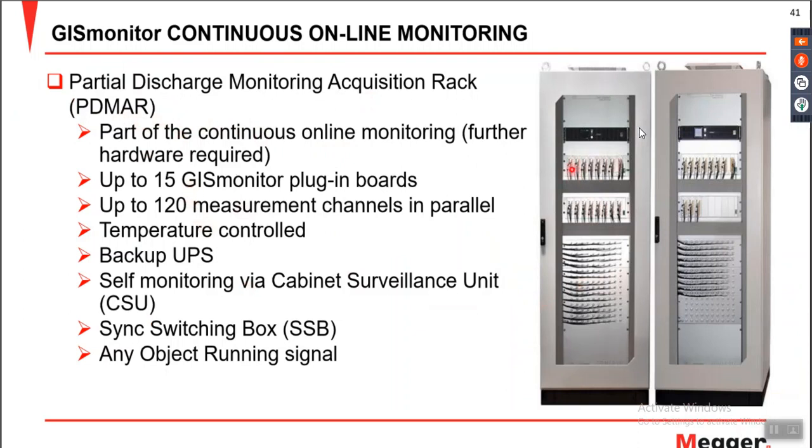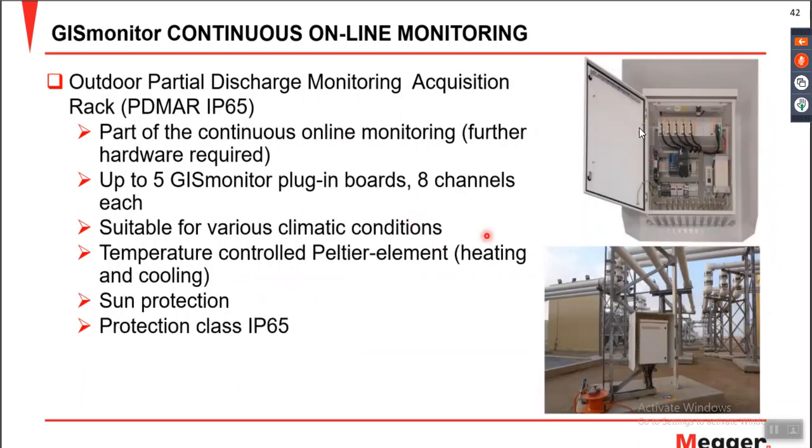Each plugin board has 8 measurement channels, so we can go up to 120 measurement channels with one acquisition rack. These acquisition racks are equipped with a cabinet surveillance unit, sync switching boxes for sync purposes, and an object running signal as well. It has a backup UPS in case of a power supply failure. Such racks are available in an IP65 module as well.